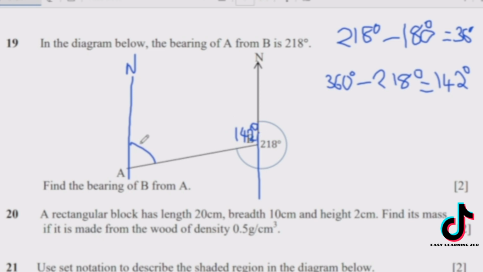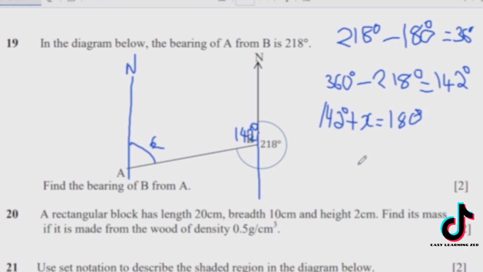We can use the property that co-interior angles add up to 180 degrees. If we don't know this angle and we call it x, then we can say 142 degrees plus x is equal to 180 degrees.